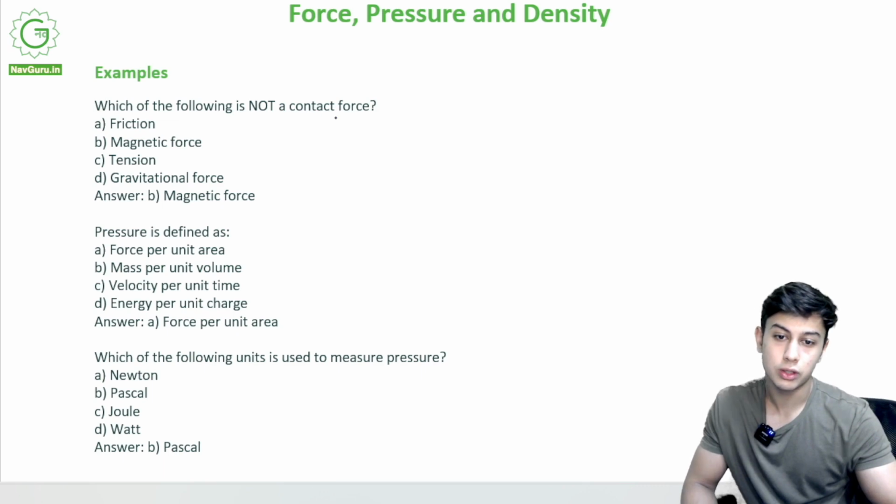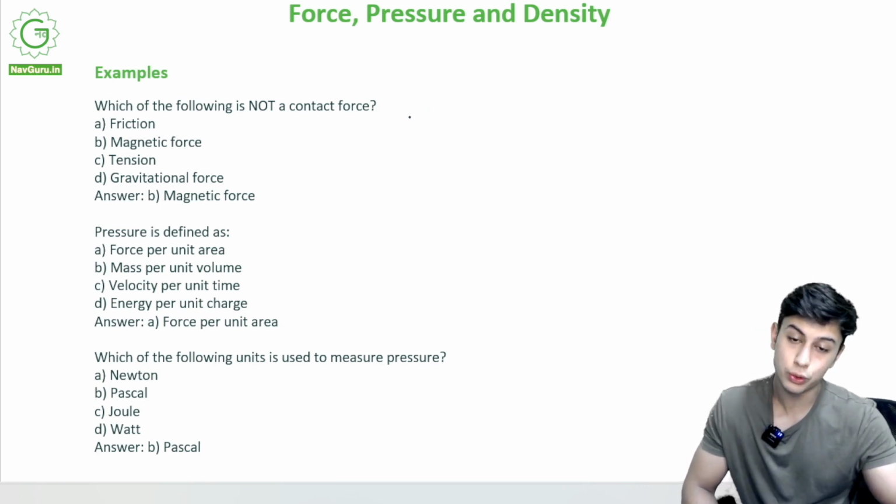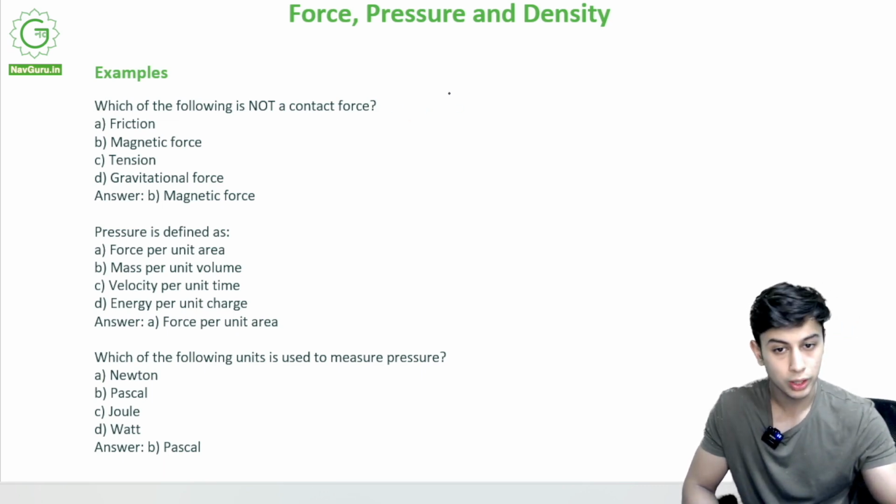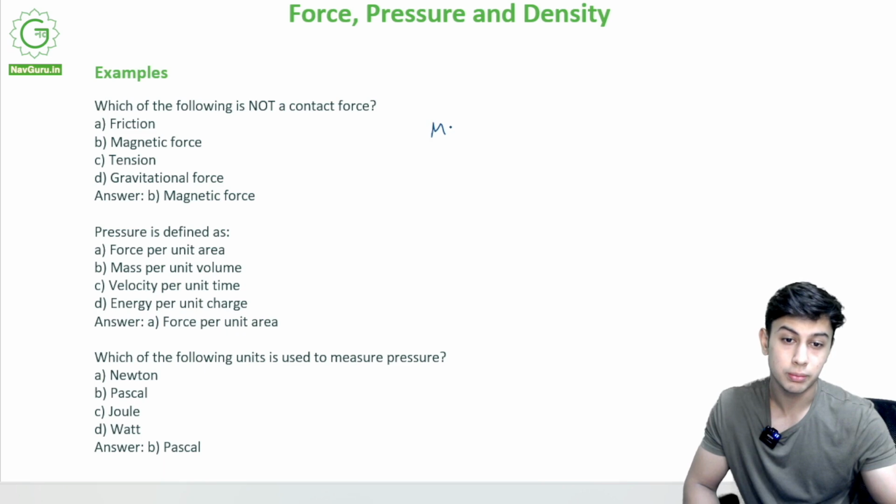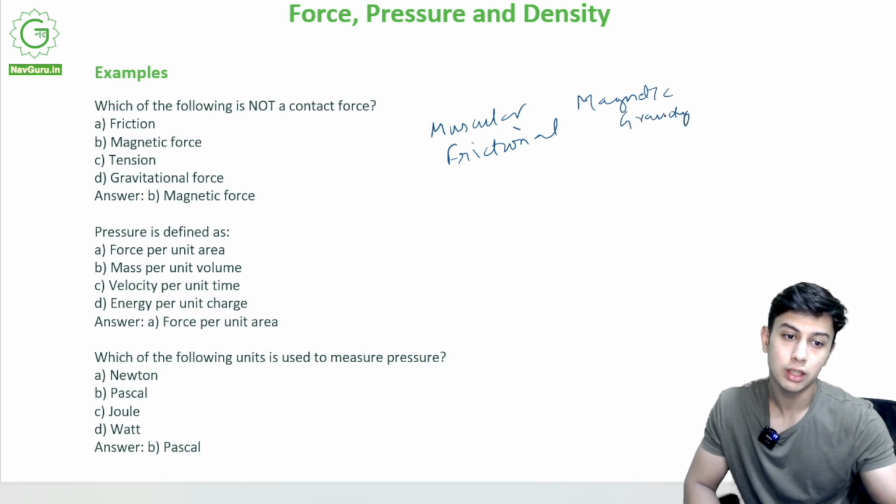Which of the following is not a contact force? Forces are of two types: contact forces and non-contact forces. Contact forces are muscular and frictional. Non-contact would be magnetic, gravity, electric, electrostatic.